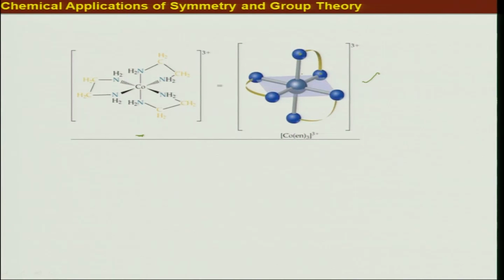That's my question. One thing you can easily figure out from this way of drawing is that an axis which lies on this equatorial plane and bisects this angle can act as a C2, because this amine will come here and this will go in its position, and these 2 also will interchange their positions.